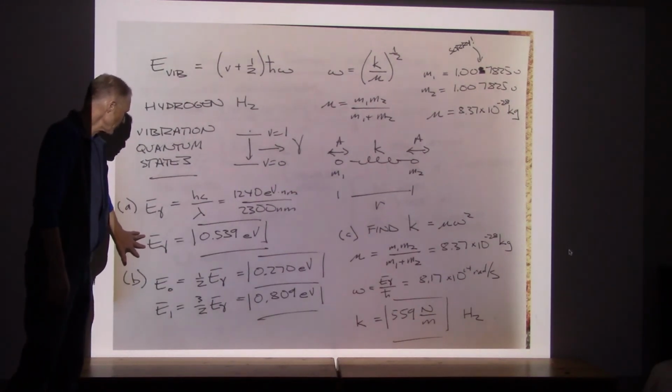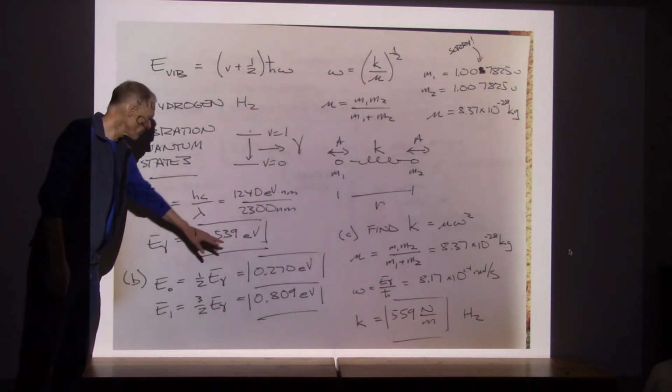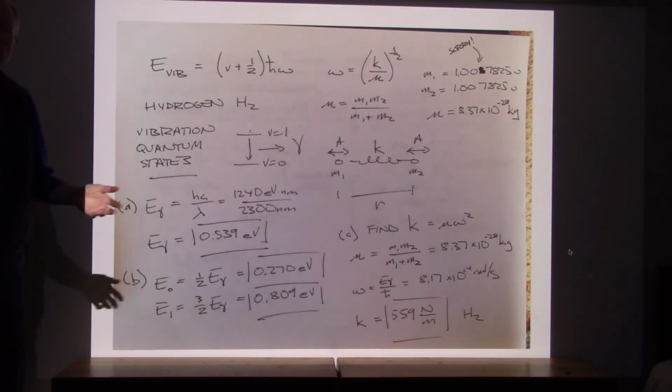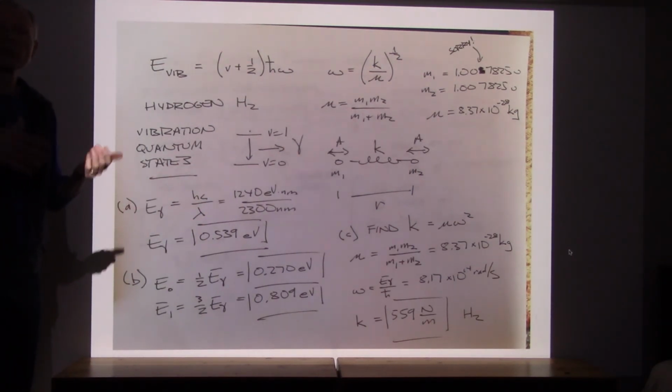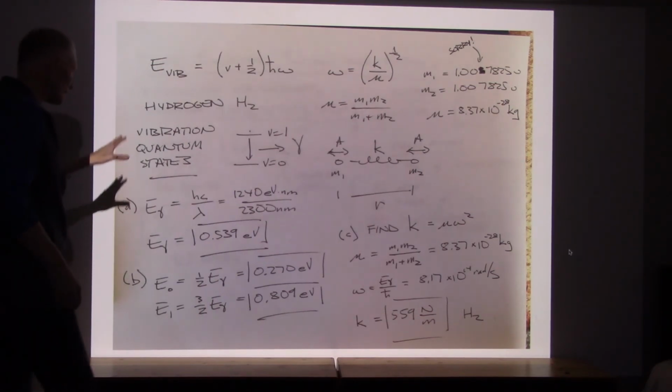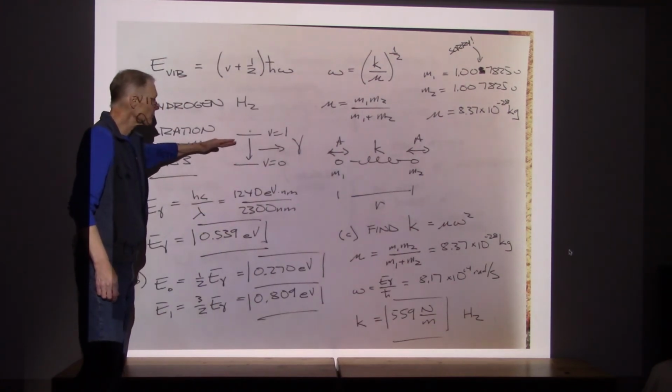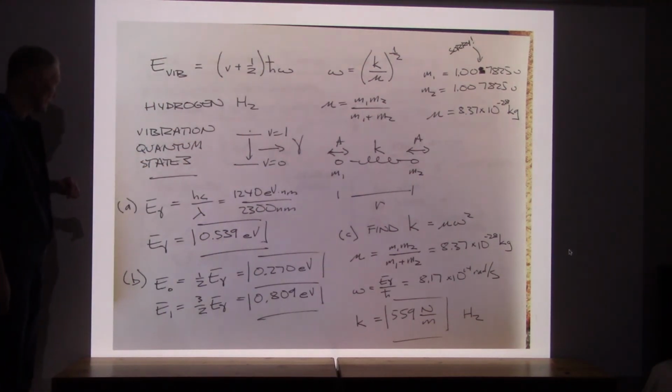That gives us an energy of the photon of 0.539 eV. So we now know, using the wavelength, we converted that wavelength over into photon energy. So that's telling us what the spacing is between successive quantum states of vibration.